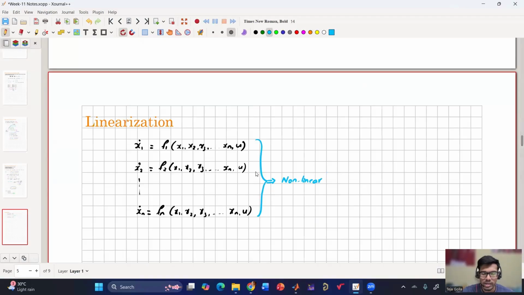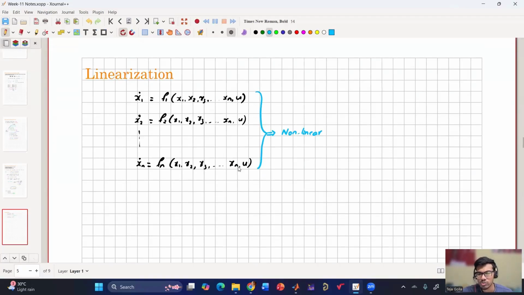So in that case, how do I get the state space model? First thing, all the systems in our day-to-day life are non-linear. So how are we going to design the controller? We use a concept called linearization, where we linearize the given nonlinear system around an operating point, and then design the controller around that operating point, and also comment on the stability around that operating point.